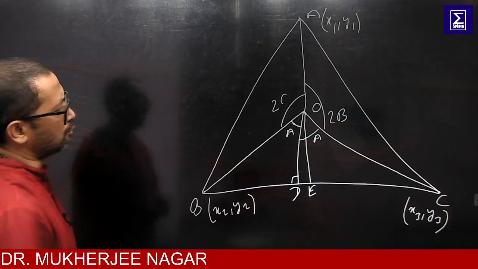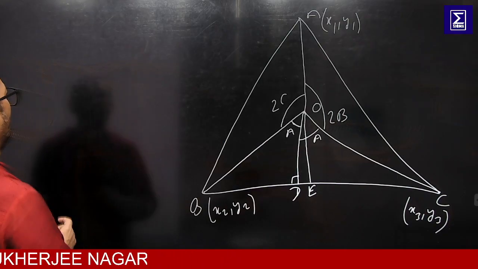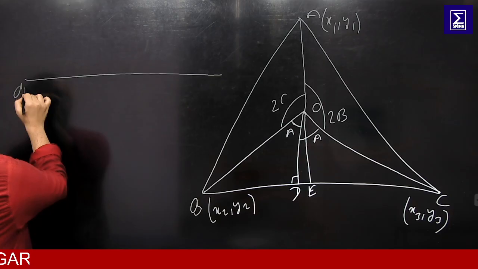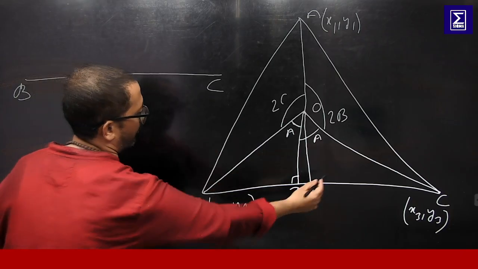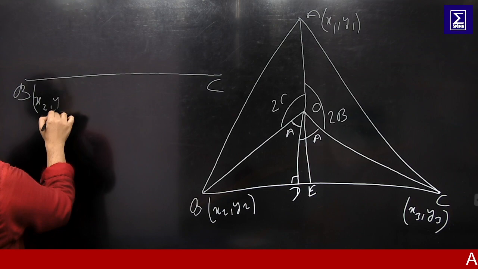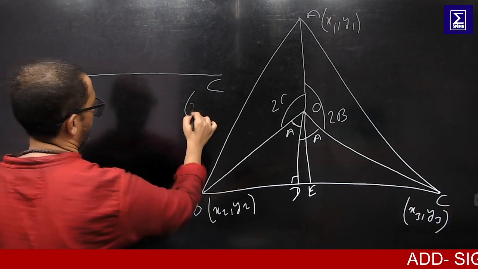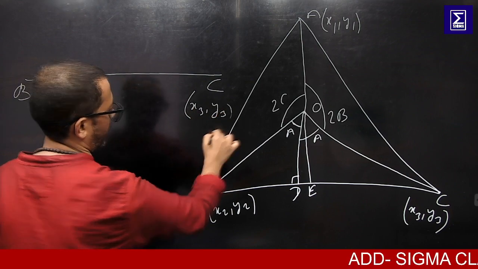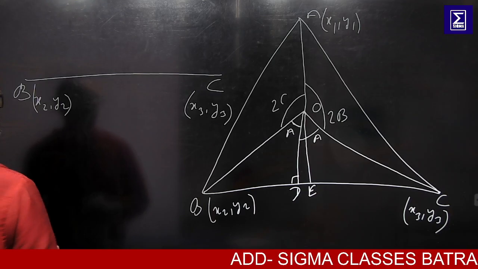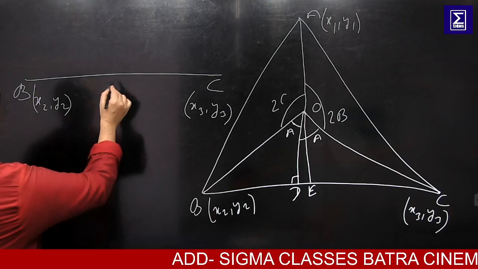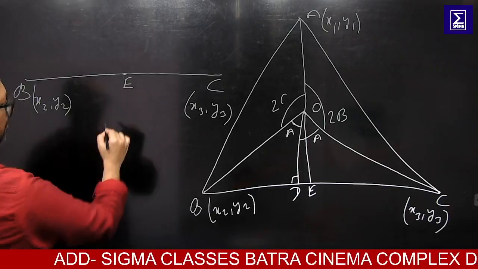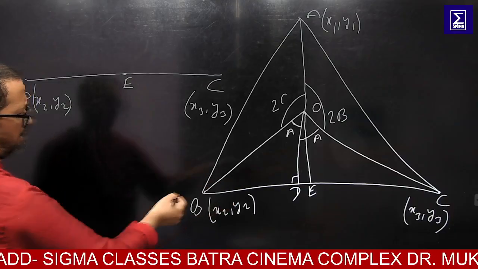We are using the two concepts. This is the line BC. I am just taking a small portion of this BC. The coordinate of B is x2, y2 and the coordinate of C is x3, y3. Now here there is a point E, lying on the side BC.